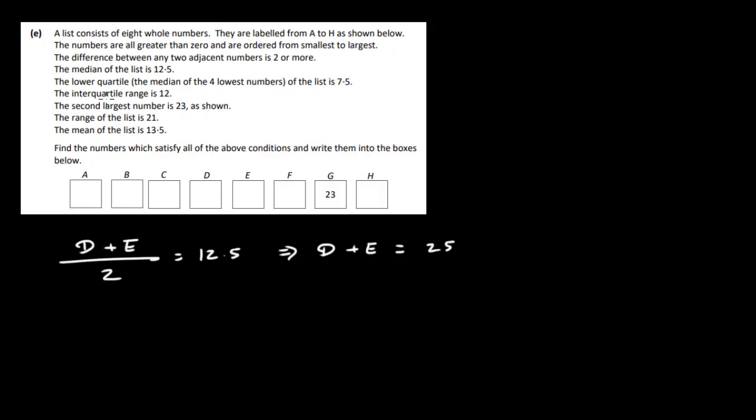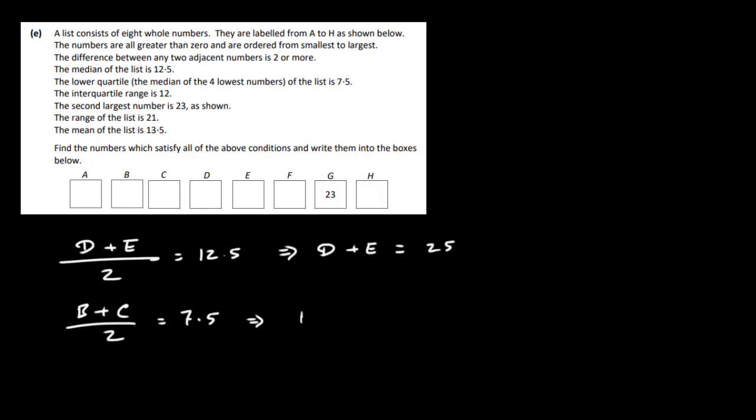Okay, second thing then, the lower quartile, the median of the 4 lowest numbers of the list, is 7.5. So if we look at the lower 4 numbers, the median of these 4 is 7.5. In other words, if we take B plus C, divide by 2, we will get 7.5.